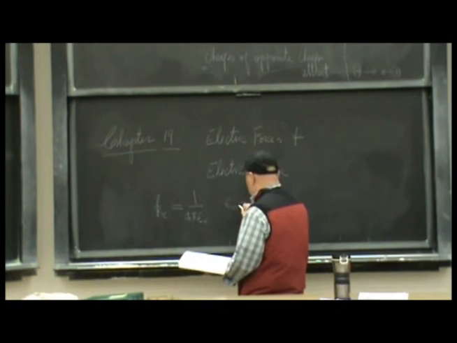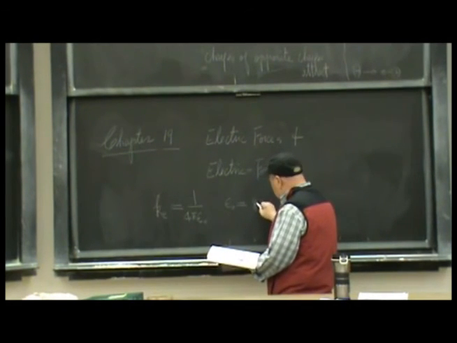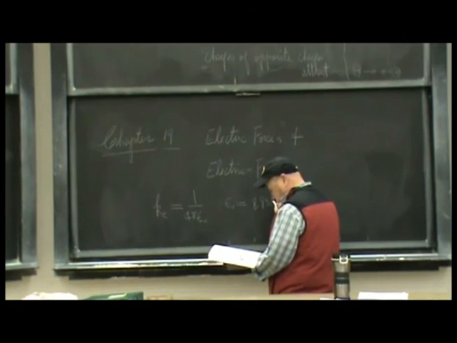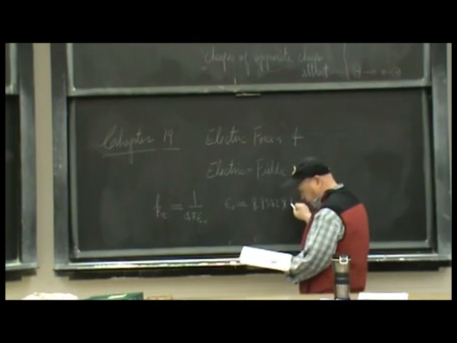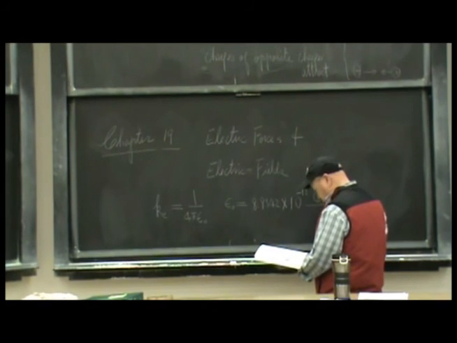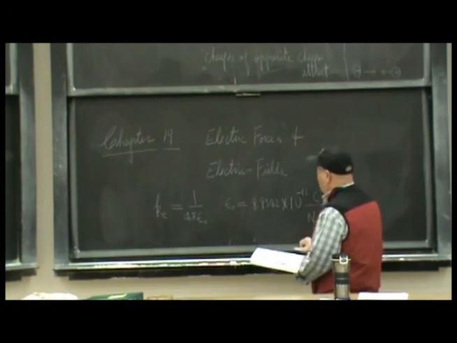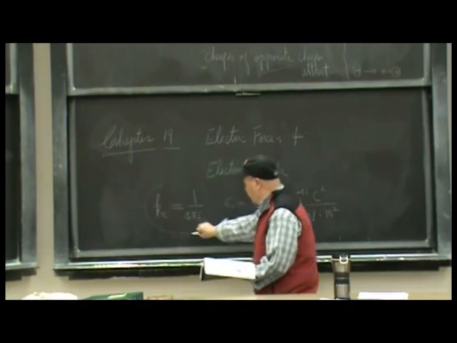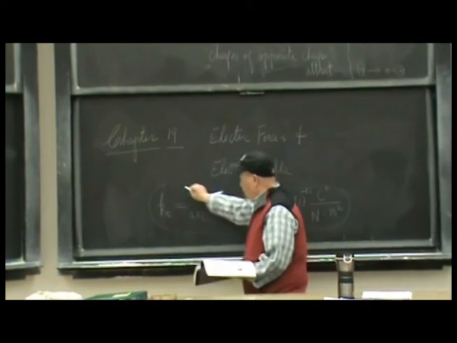Epsilon 0 equals 8.8542 times 10 to the minus 12 Coulomb squared divided by Newton meter squared. So he did this and calculated this.